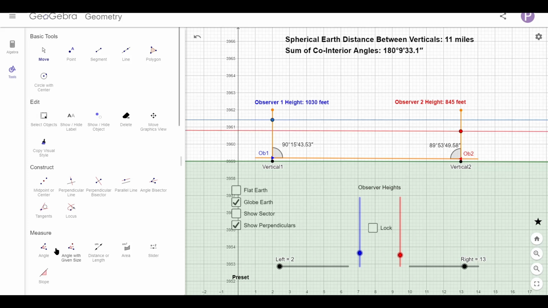If horizontal is defined as something perpendicular to vertical, then we can carry out the same test as we did before. So I'd expect this to be 90 and this to be 90. But will the red line that's horizontal at vertical 2 be also horizontal at vertical 1?